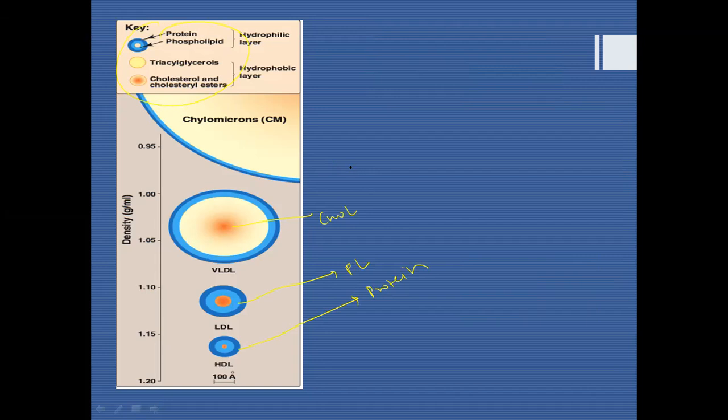So based on that, chylomicron is the largest in size, but the density of the chylomicron is lowest. In contrast, HDL is the smallest in size, its density is the highest.